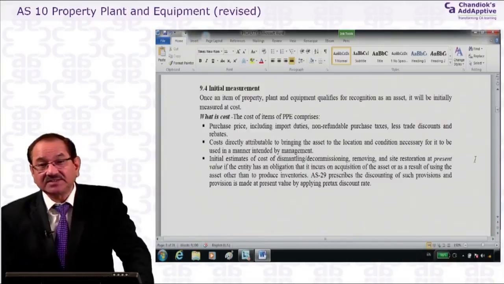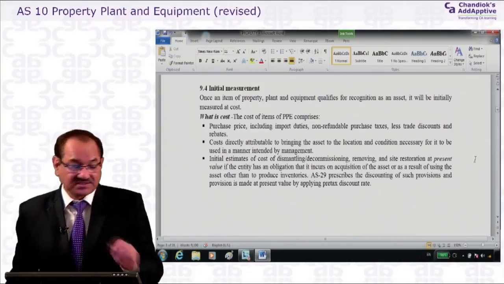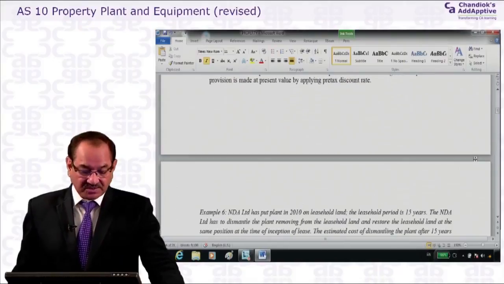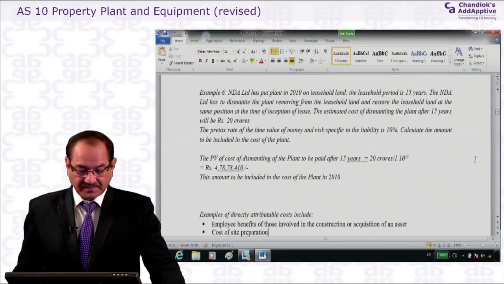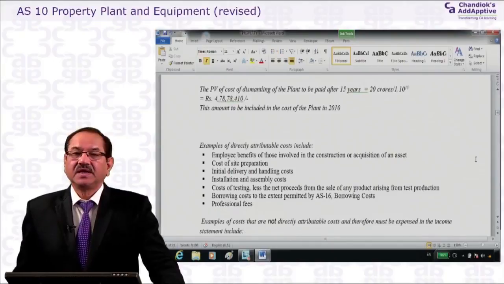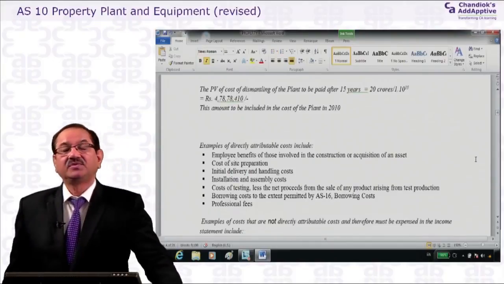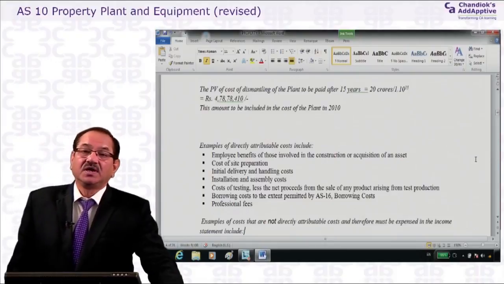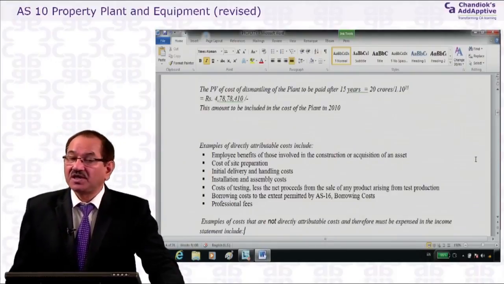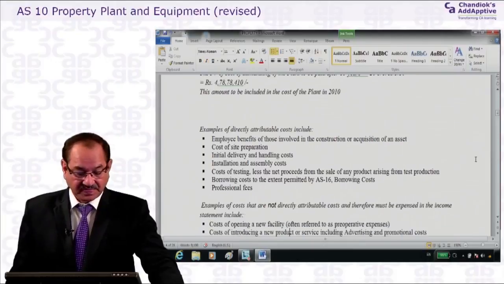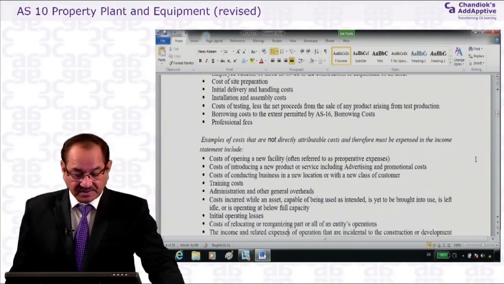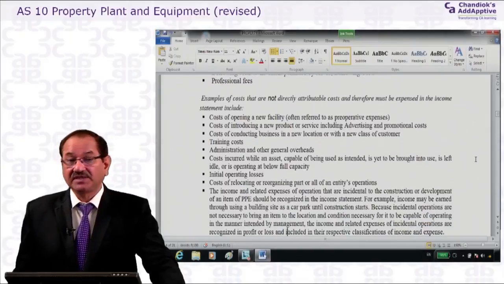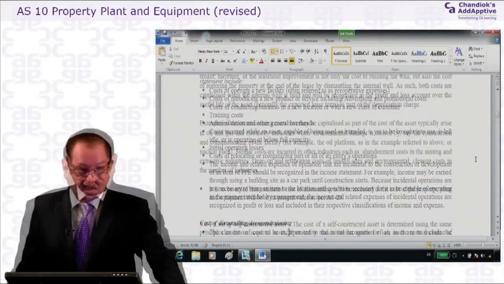That is the most important difference which you will find in these standards: the measurement of cost. I have given an example of this in my book, how it will be computed and how it will be included. And the others are the same as in the earlier standards which you have already read in your PCC book.